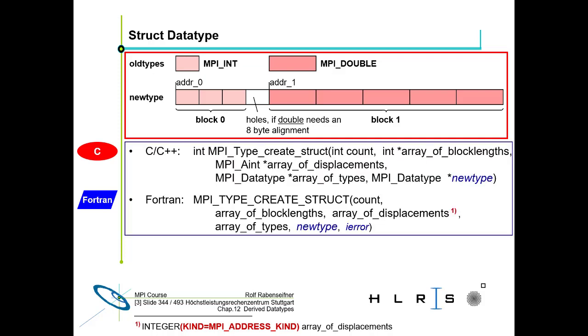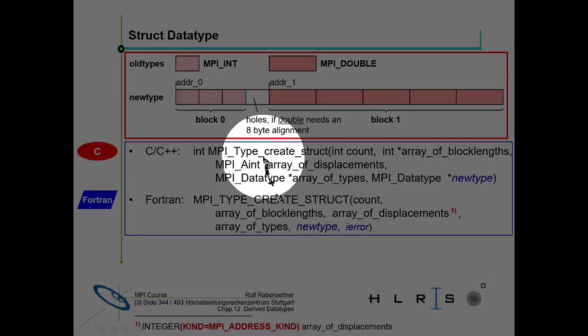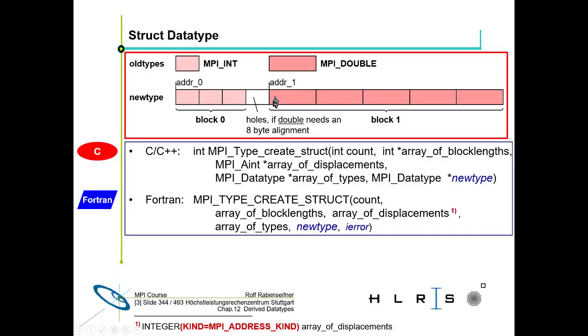That works with MPI_Type_create_struct. We specify the count, an array of block lengths, in this case 3 and 5, an array of displacements, so that would be 0, and then address 1 as indicated in the figure, the MPI data types, MPI int and MPI double in this case, and then the address of the new type.